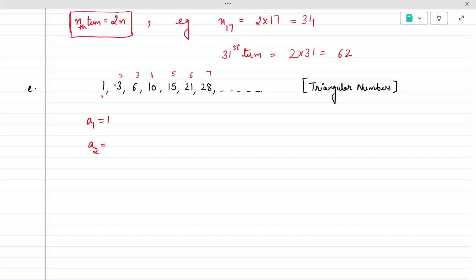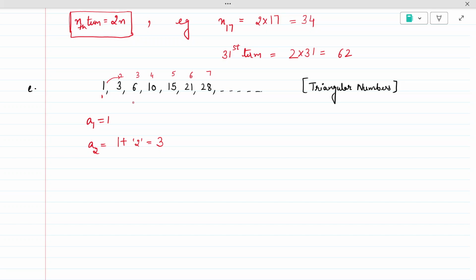That means I am adding 1 to the position here, which was 2. The position of the next number is 2. This is the second position. This is A2. Right? So I'm adding this 1 to this 2 and I'm getting this number 3. So at the second position, this 3 is present. We get 3 by this method.